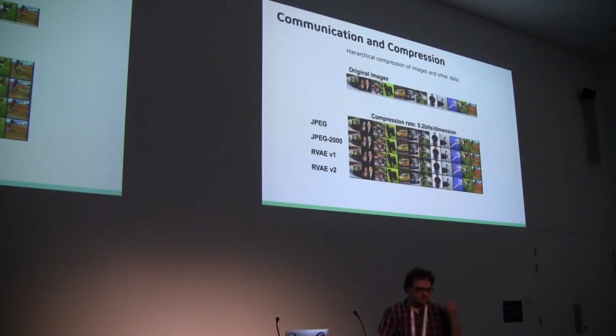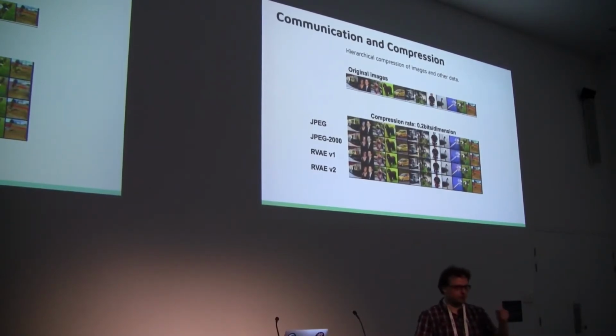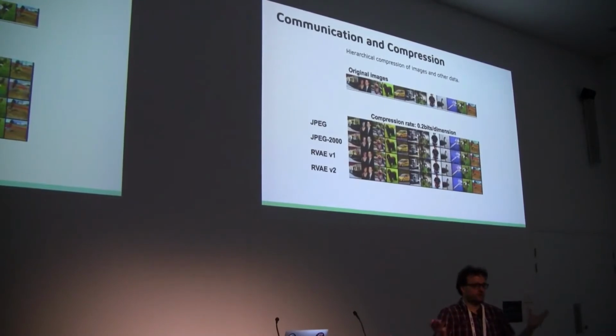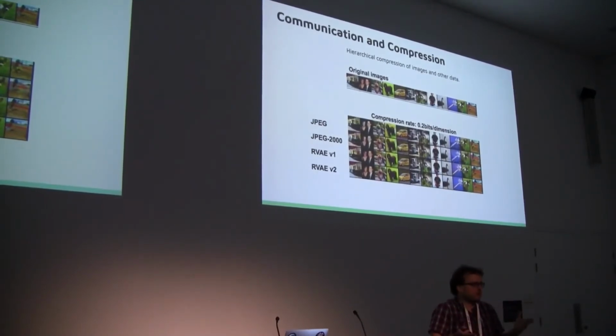This simple algorithm is of course very effective and is used everywhere. It has no knowledge whatsoever about images. So it doesn't know what a cat is, doesn't know what a dog or a car is.